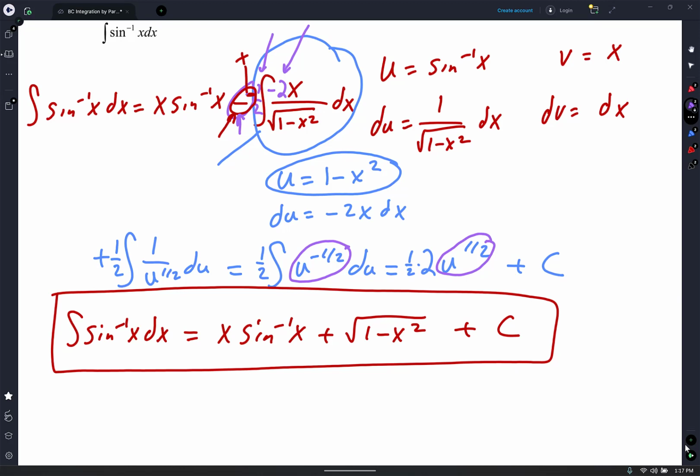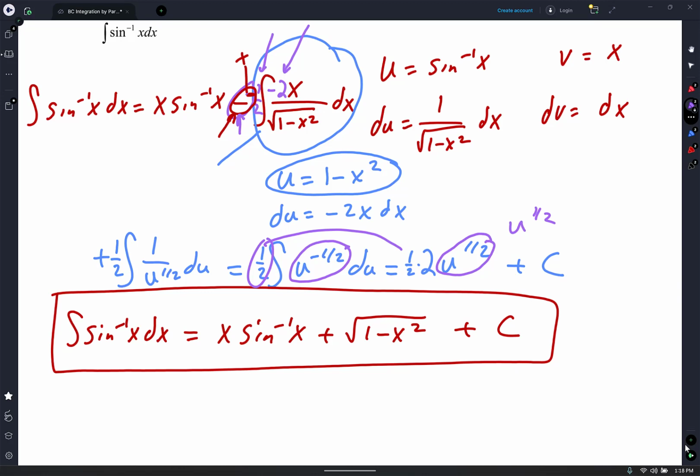In the bottom I have square root of u, which is u to the half, but when I bring it up, it's u to the negative half, and then I add 1 to the exponent, divide by the exponent, so there's my 2, but I still have this half here. Half times 2, so that's just u to the half.